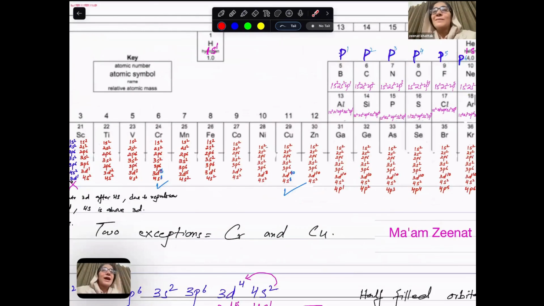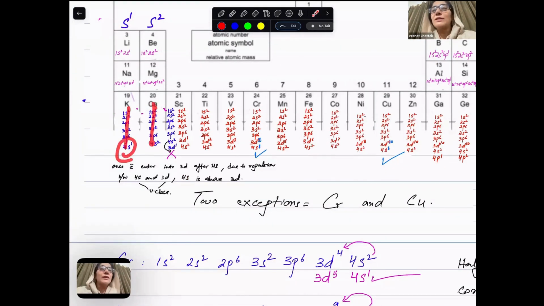And now, this is what? 4s1, this is what? 4s2. Look at what I've written. Once electrons enter into 3d after 4s, due to repulsion between 4s and 3d, which are very close, the 4s is above 3d now.